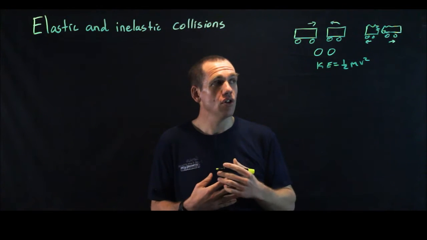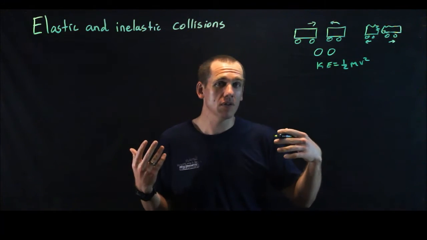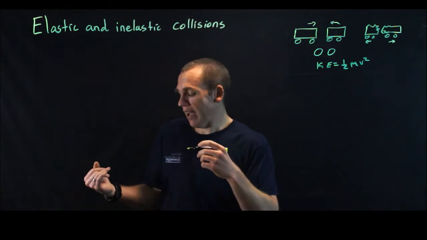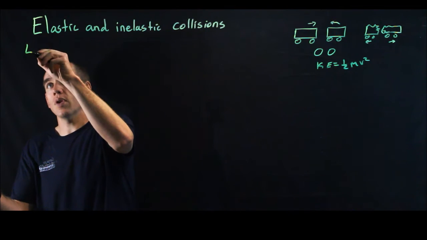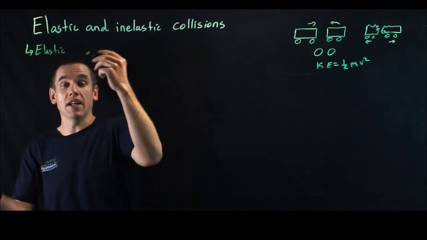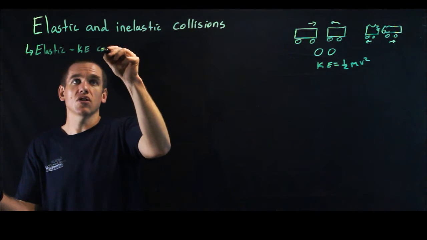So when we have two objects, we're going to use V1 and V2, and when we have before and after, we're going to use V1 prime, V2 prime. So really, when we say an elastic collision, we mean the kinetic energy is conserved. Elastic, KE conserved.